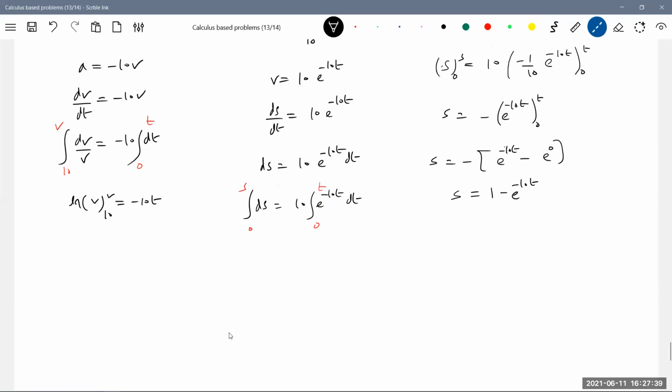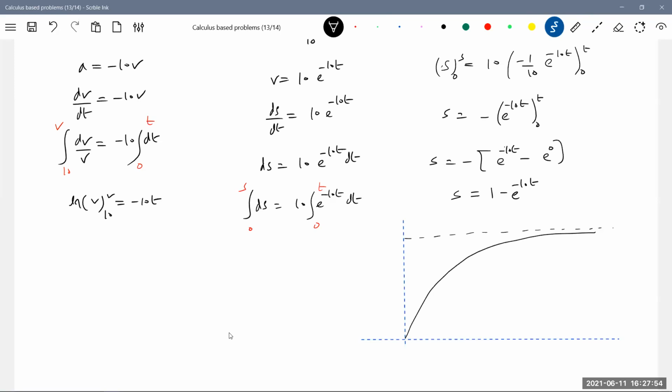I'll bring the graph into the picture. Already we have studied exponentially increasing one. This is it. The curve is, this will be 1. This is S. This is T.